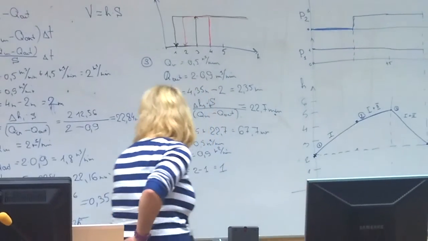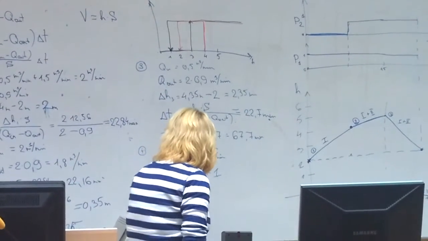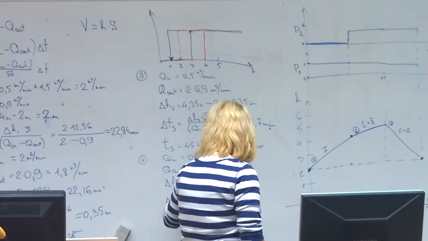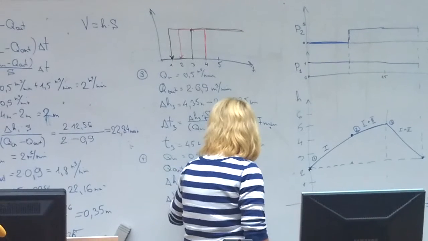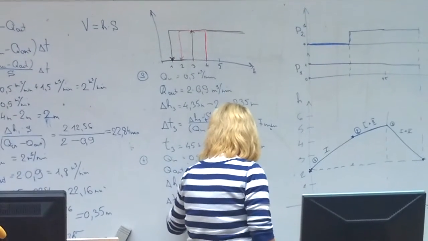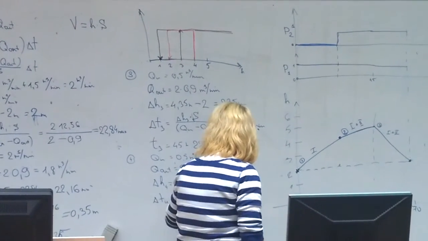So in that case, delta T4 will be equal to delta H4 multiplied by the area and the difference between flows in and out.